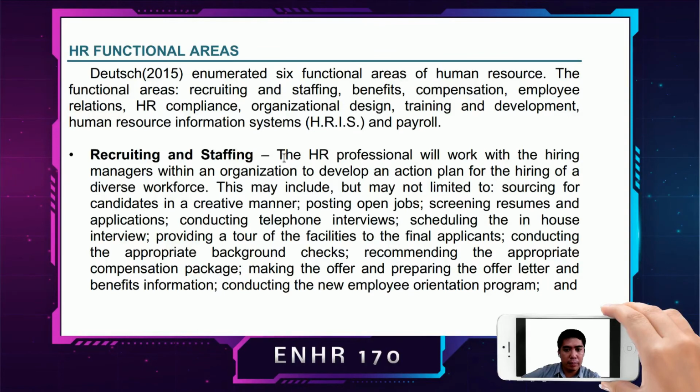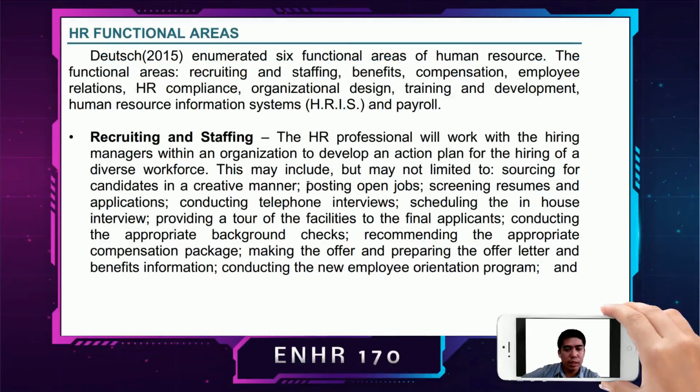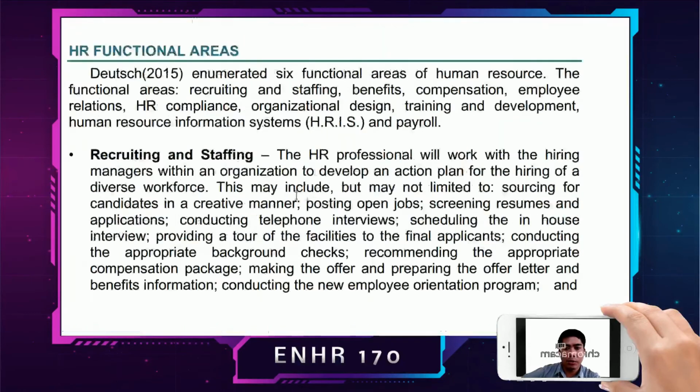In here, pwede nang magamit ngayon yung human resource information system. Kung dati-rati ang ginagamit mo in recruitment staffing is paper-based, now we could use our human resource information system in posting jobs, screening resumes, and applications. Don't worry, we will be discussing this one by one.